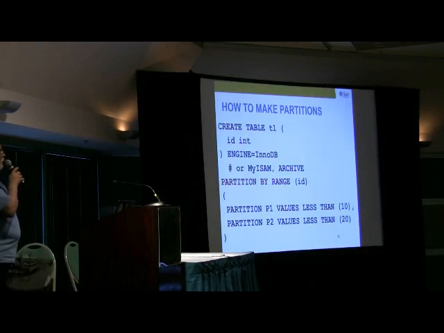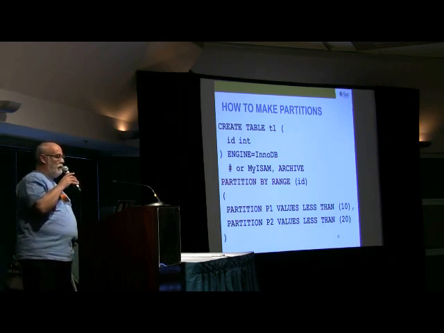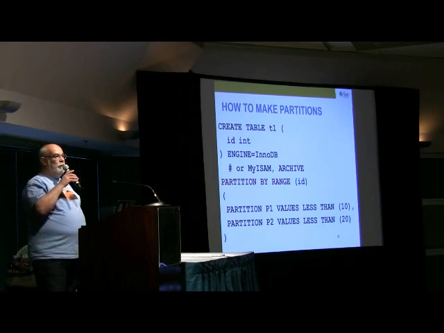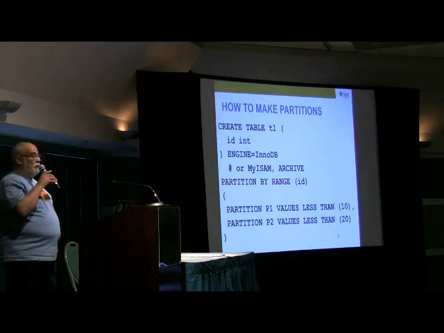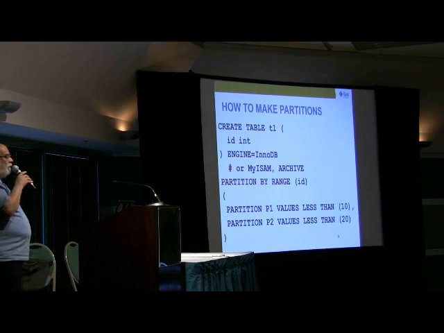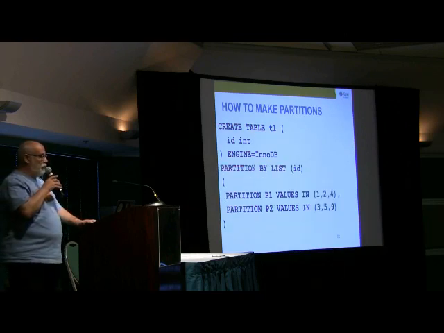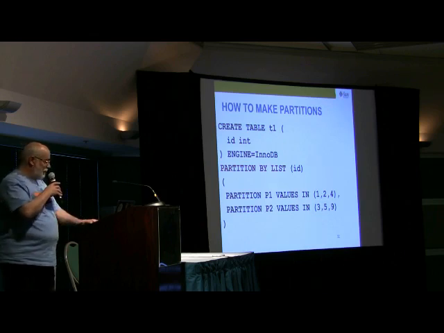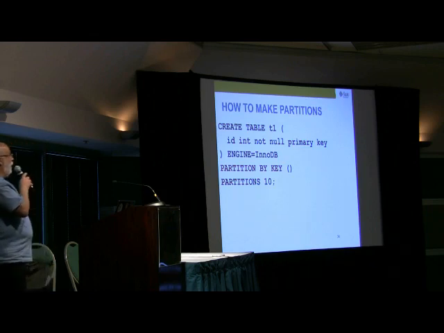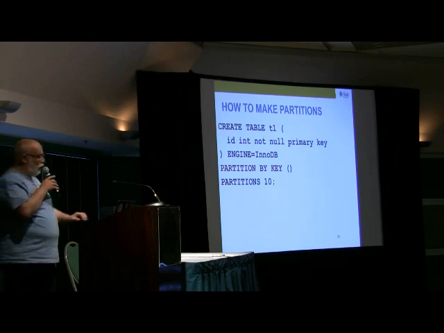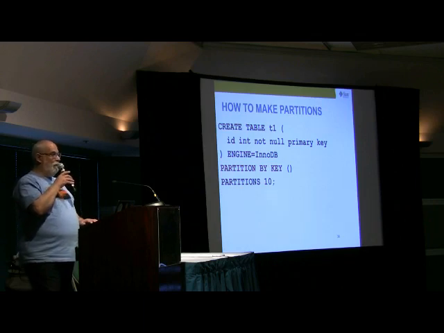So you can create table, and until the end of the parenthesis is the same, so engine equals InnoDB, and then you put partition by range ID, the name of the column that you want to partition by, and you define your partitions. You can partition by range, by list, by hash, or by key. And we can go through this in some other moment.